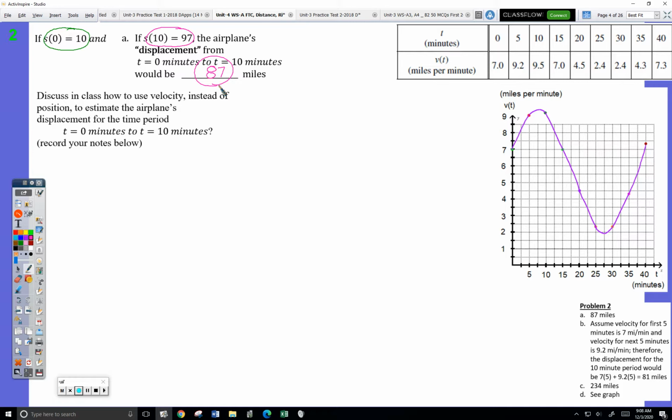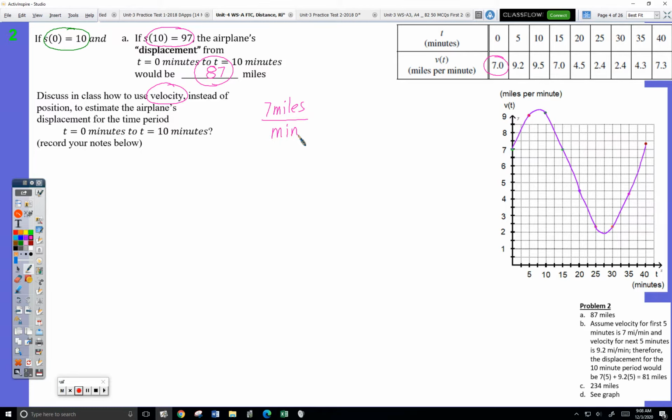Then what we did is we said we want to figure out how to use velocity instead of position to calculate displacement. The basic idea really is very, very simple. If a plane has a velocity of 7 miles per minute, that means the plane's position is going to be changing by 7 miles every minute.